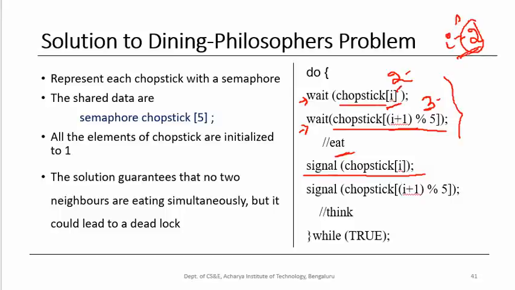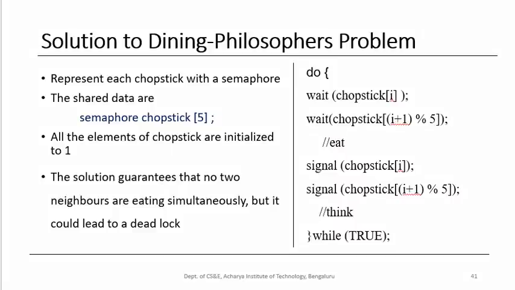For example, if he is holding chopstick 2, he would have made chopstick of 2 equal to 0. Now he increments chopstick of 2 to 1, so that some other philosopher can pick up this chopstick, right? And he signals on another chopstick, releasing it. Then he starts thinking. This is how the structure of a solution to the dining philosophers problem looks like.